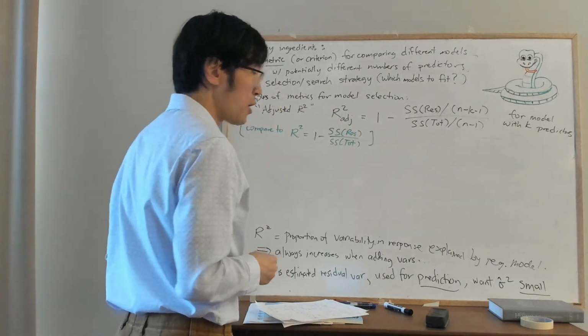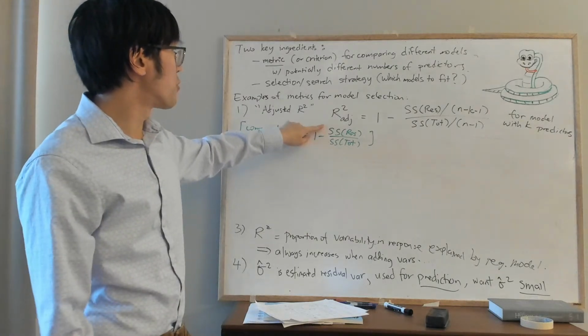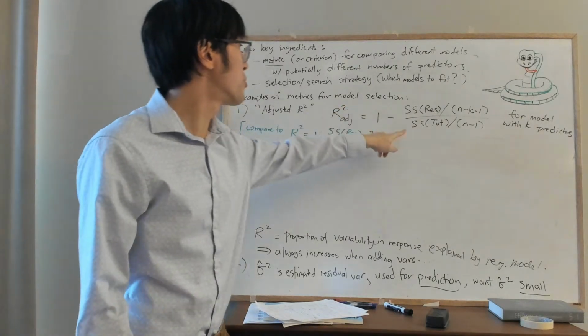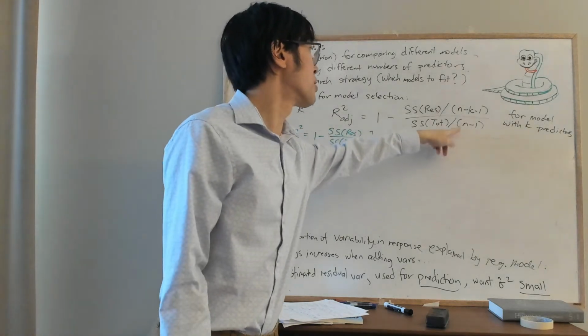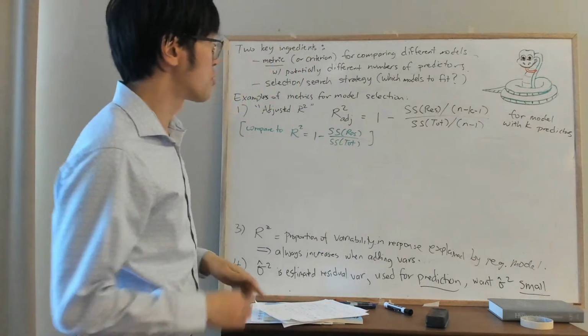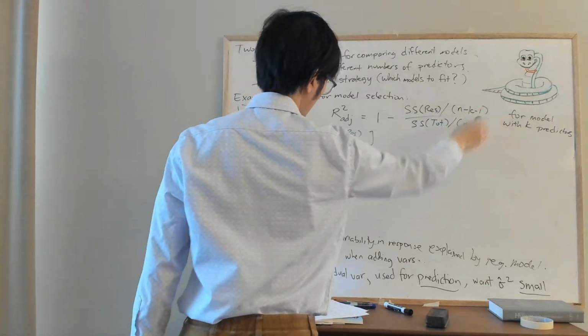So how are these related? What we're doing here is dividing the numerator and denominator by some degrees of freedom. In the bottom you have n minus 1, and in the top you have n minus k minus 1.